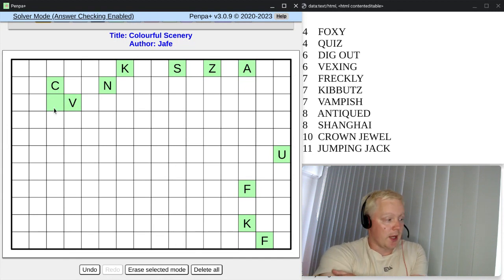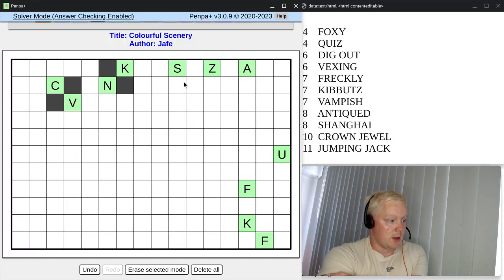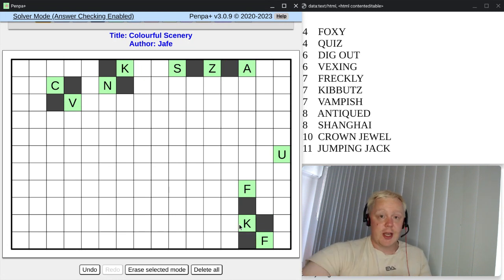Now what that means is we can never mark this as unshaded, and we can never mark this as unshaded. So we have to separate these neighboring given letters by these shaded cells. And the same is true here. We can't connect these. And the same is true here. We can't connect this Z and this S, or these, or these, or these. So we can already mark quite a few shaded cells in the grid without ever looking at what words we even have here.